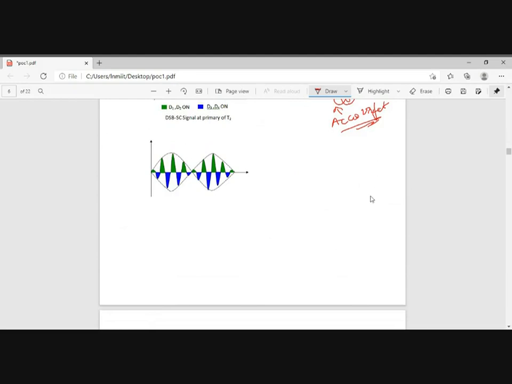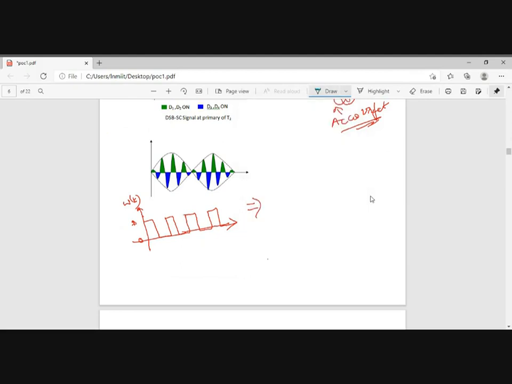In the switching modulator we have already seen that a square wave has a Fourier series. If this is a square wave having amplitude of 1 and 0, suppose I call it w(t), with period T.